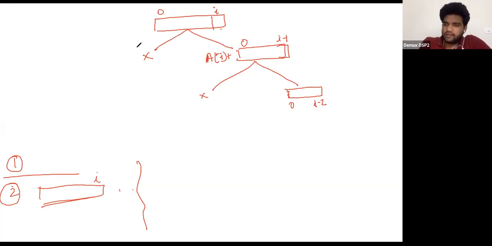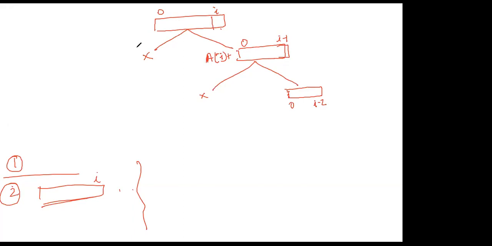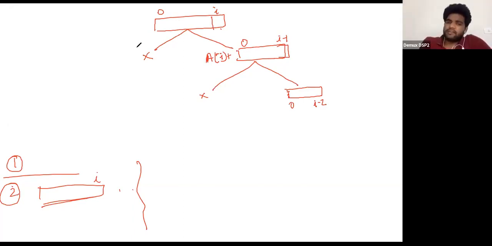Sir, what does the cross mean? Cross is basically no subproblem. I'm not left with any subproblem. So if I choose a subarray of length 1, this is that sub branch, and greater than 1 is this sub branch. So I have to find a subarray ending at I. If I'm choosing a subarray of length 1, then it's just AI, right? I'm not left with any subproblem. Correct?